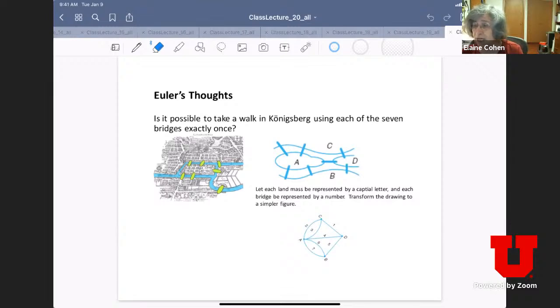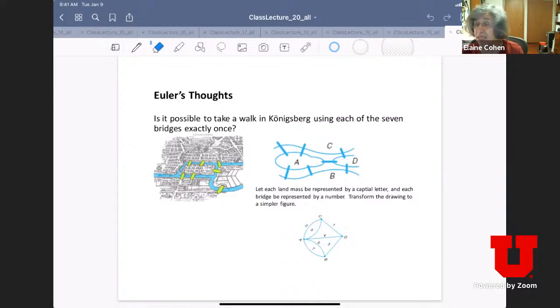Okay, so each bridge is represented by an arc or a line in this graph. And A is connected to B with 2 lines. We'll call those lines 6 and 7. And B is connected to D with 1 line. So that's the question. Can it be done? Now, this is like another problem that you've had.